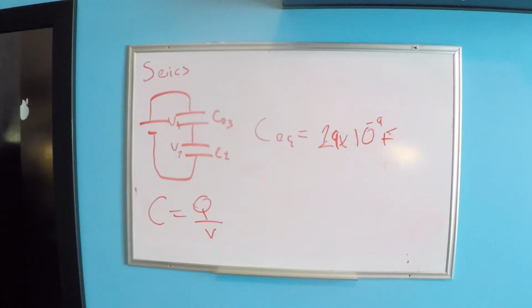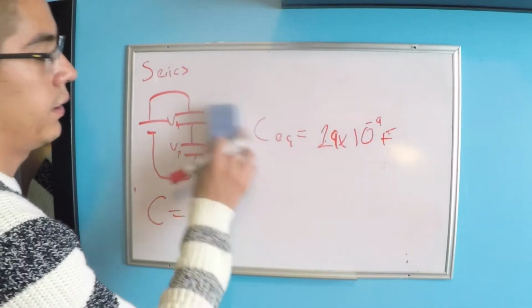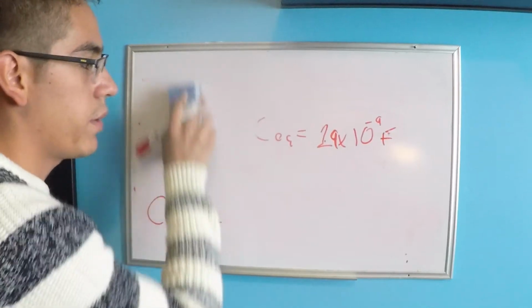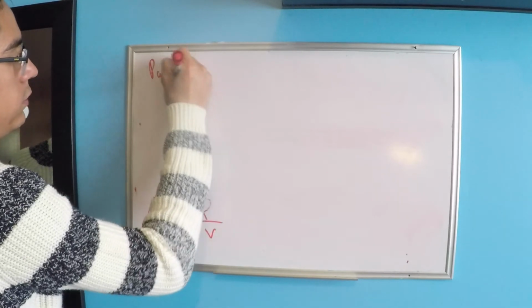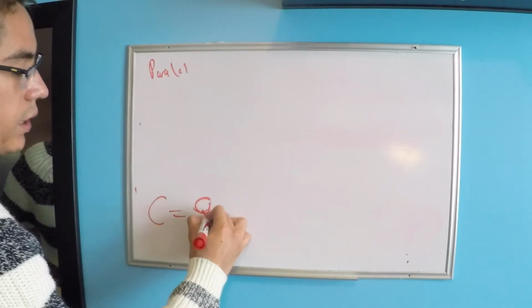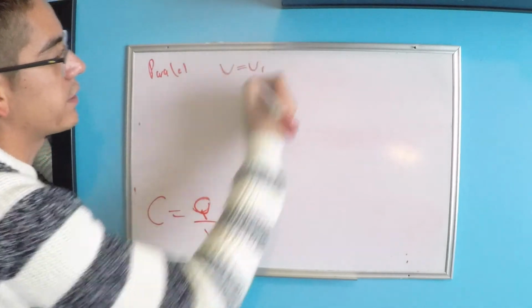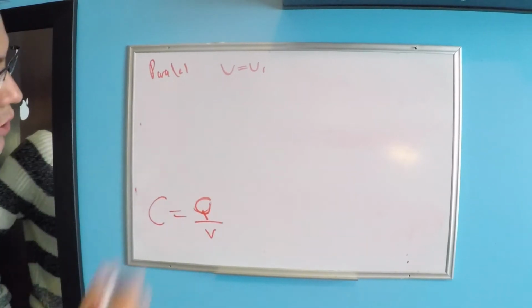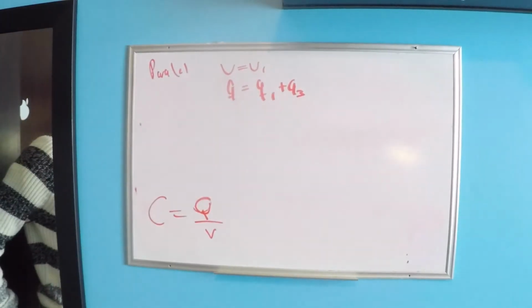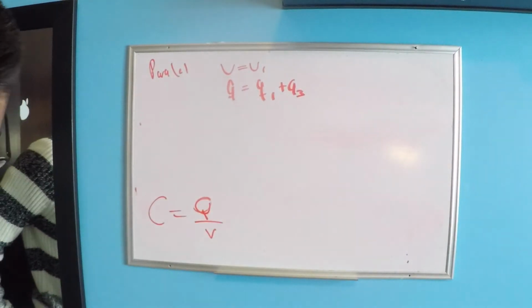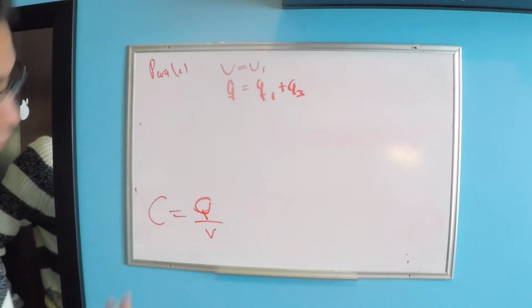Right now, just remember this data. And for the parallel, we will extract Q, that is our sum of charges. As we see in parallel, our voltage is the same, but our charge is not the same. It is the sum of them. By making the sum, it's very simple because now we have our charge Q.